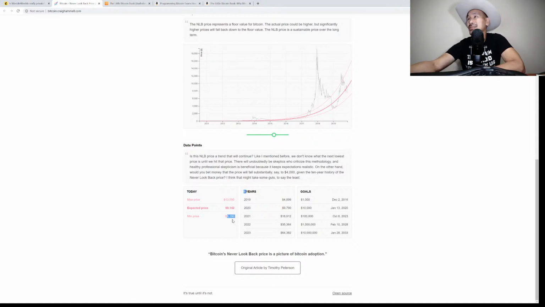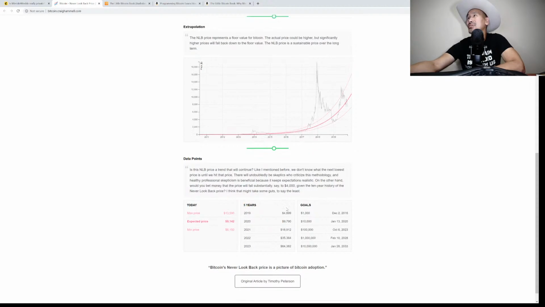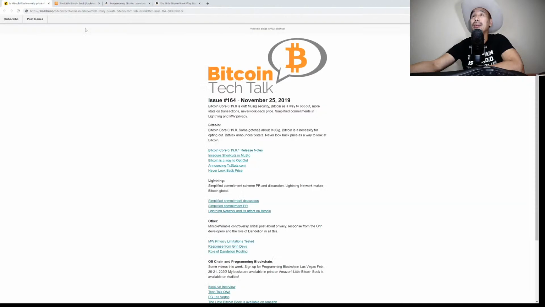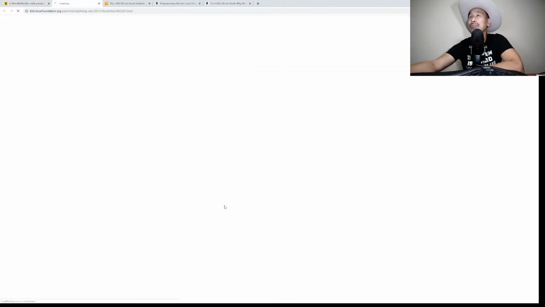The minimum price is 6,150. There's a particular trend channel that it seems to be in, and that's an interesting way to look at it. I suspect that this is another way to look at the stock-to-flow in some interesting way, but a very interesting way to look at Bitcoin price and so on.